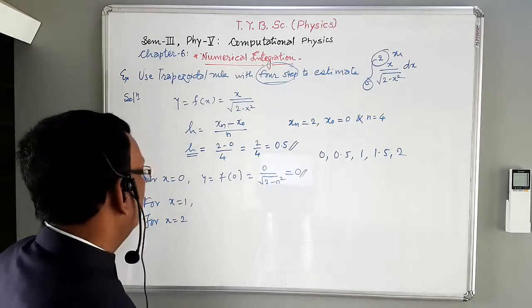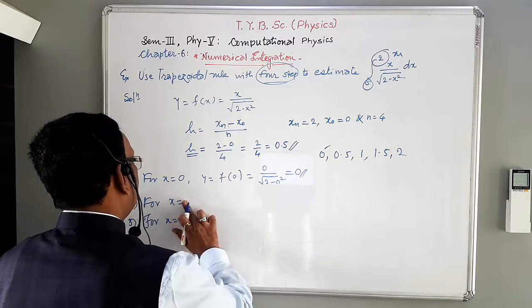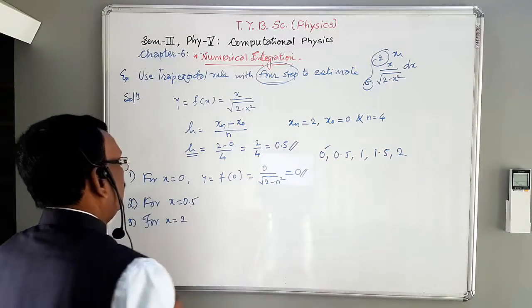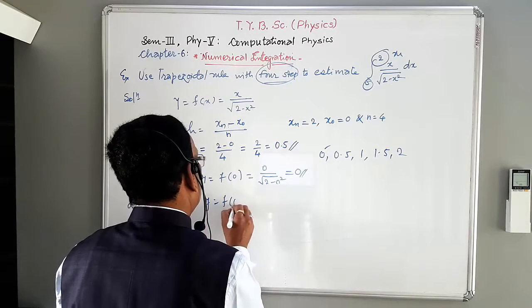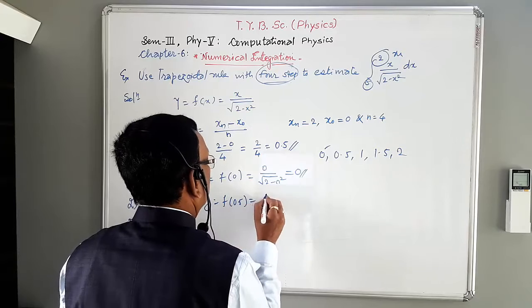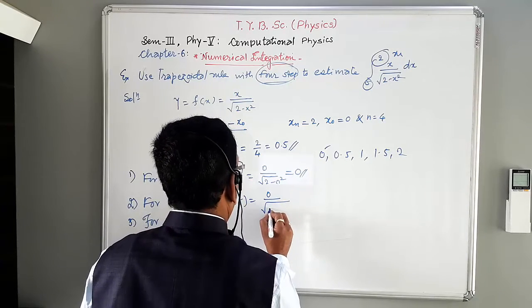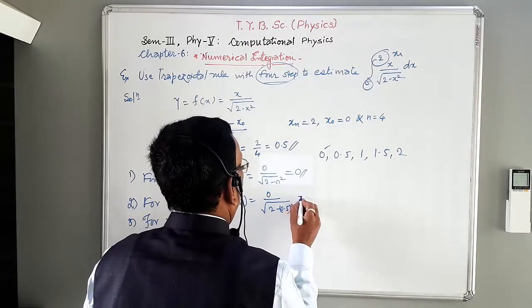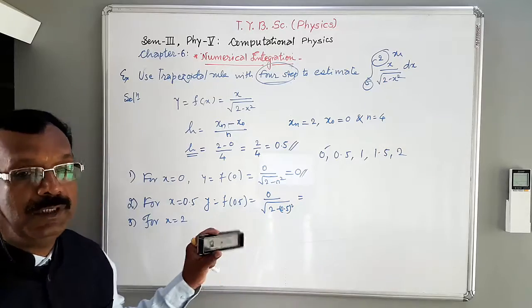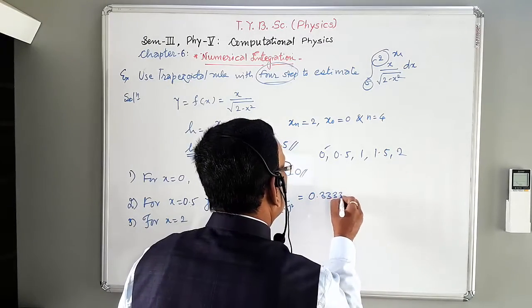These are the intervals. So, the first interval is 0, then obviously the second interval is x is equal to 0.5. So, y is equal to f of 0.5 is equal to 0.5 upon under root 2 minus 0.5 square, and when we calculate this, the result is 0.3333.